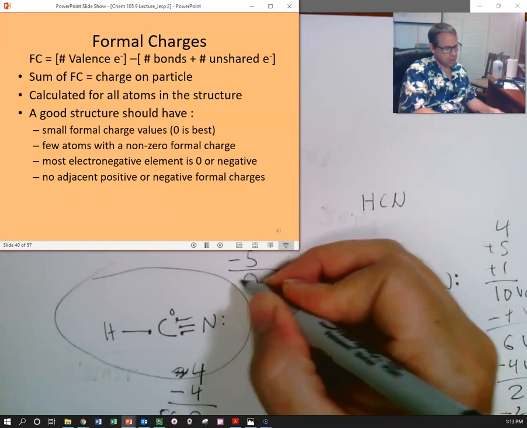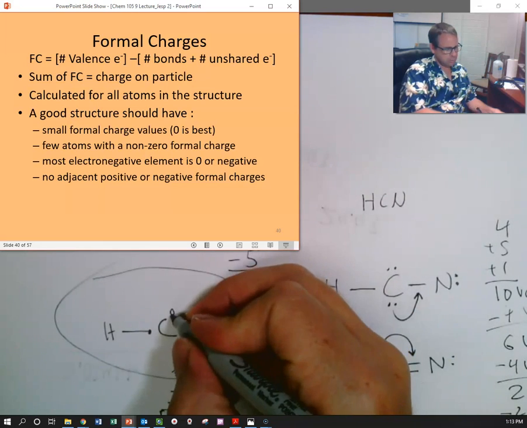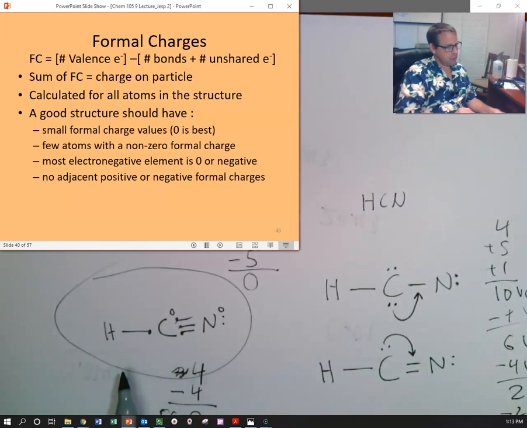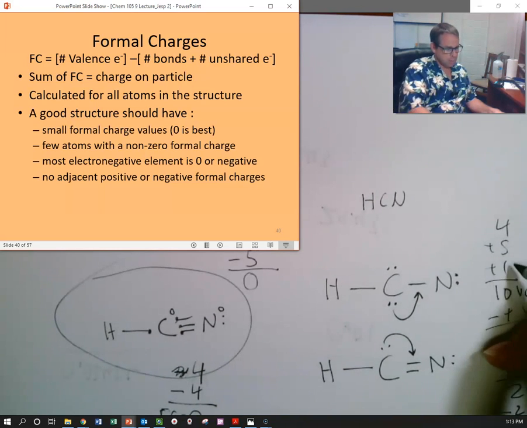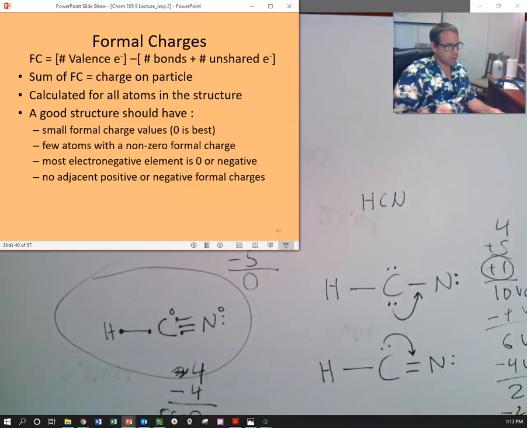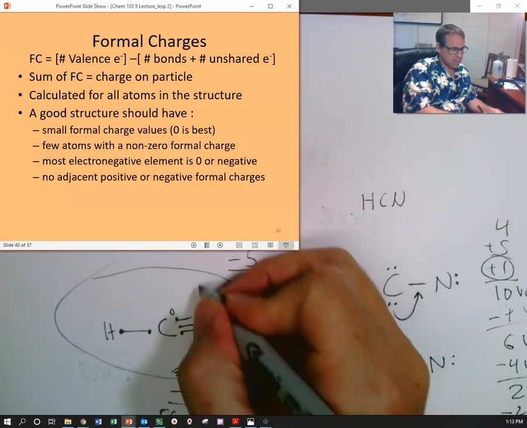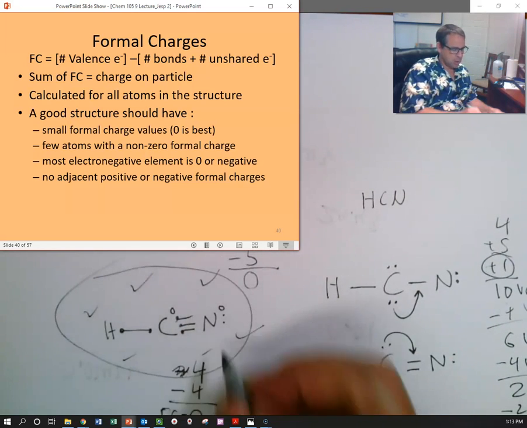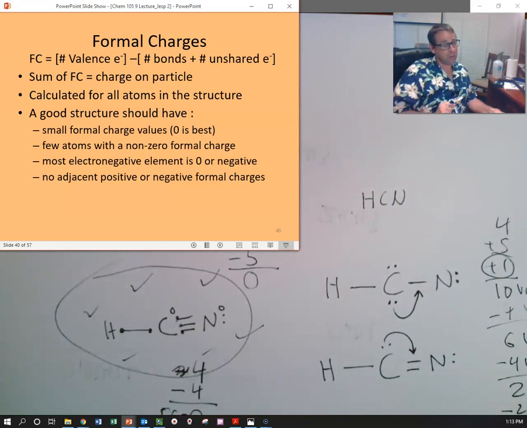So its formal charge is also 0. The formal charge on the hydrogen is 0 as well. It brought 1 electron to the party, and it has just 1 electron right around it. So what that shows us is that this is a stable Lewis dot structure. That is a good representation of what the molecule looks and behaves like.